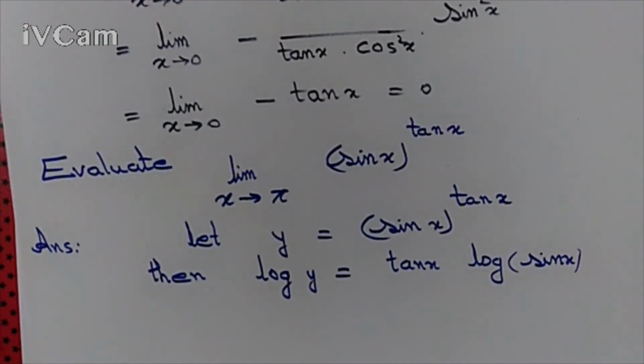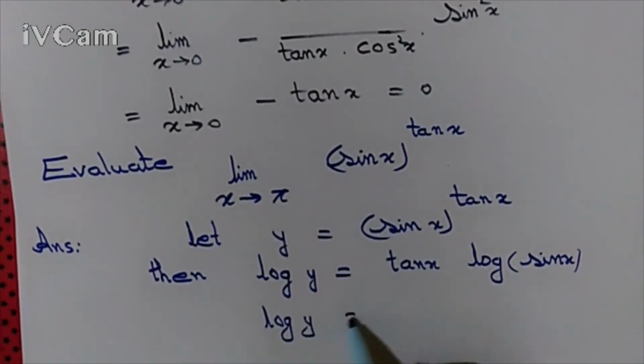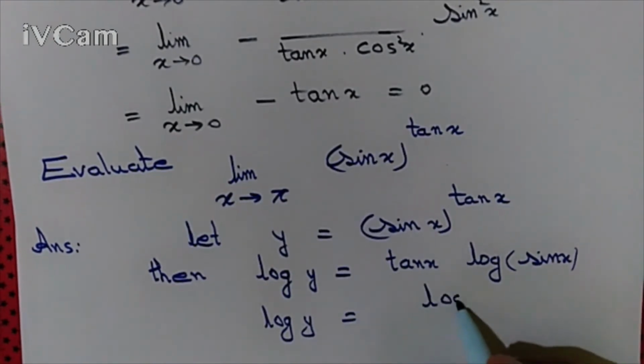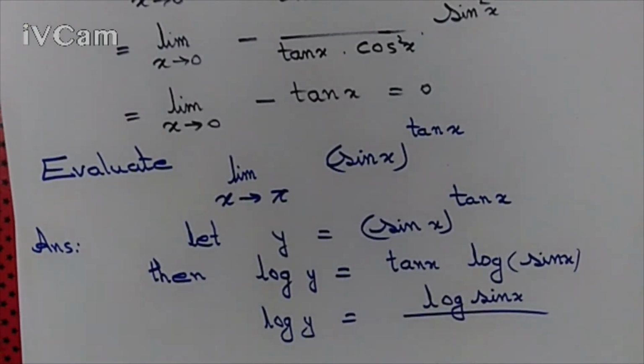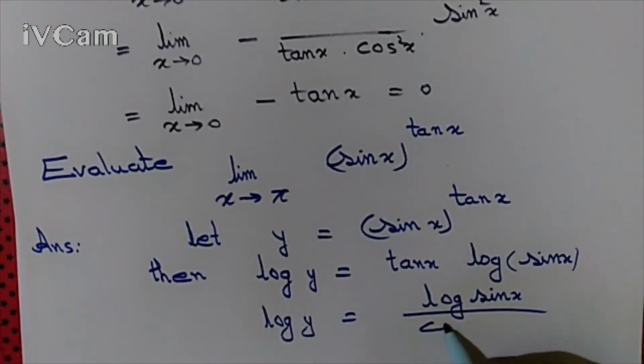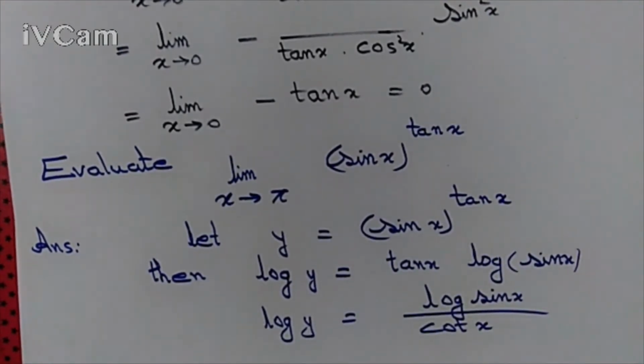Okay, now we can write this. The right hand side is log of sin x divided by 1 by 10x, which is nothing but 1 by cot. Log of sin x divided by cot x.